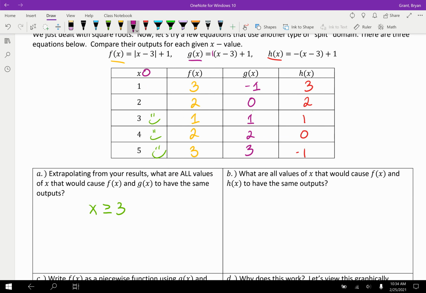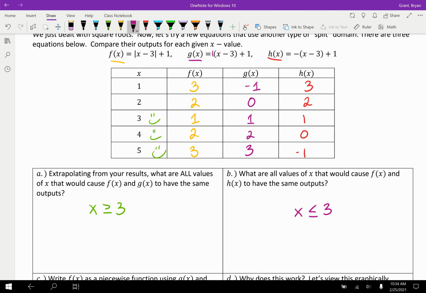If I substitute 0 in here, we get negative 3, but then absolute value turns it to a positive. So 3 plus 1 is 4. If I substitute 0 in here, 0 minus 3 is negative, but then what turns it positive? Not absolute value, but an extra negative flips it back to a positive, and then 3 plus 1 is 4. Yeah, they are the same at 0. So we could say here, x is less than or equal to 3.